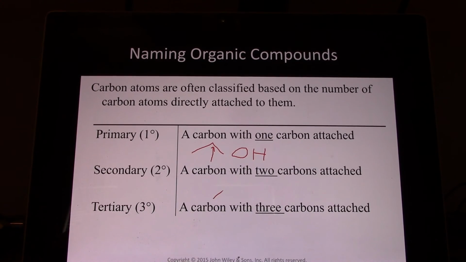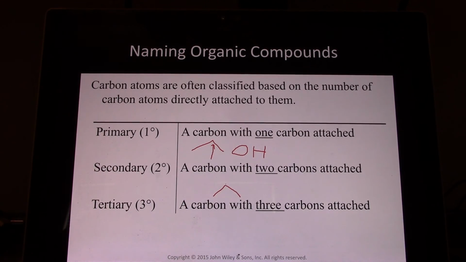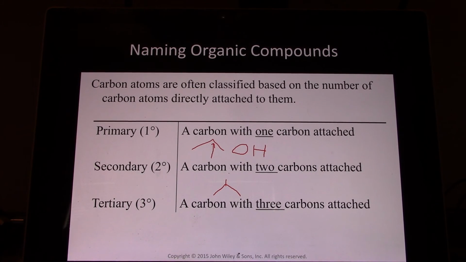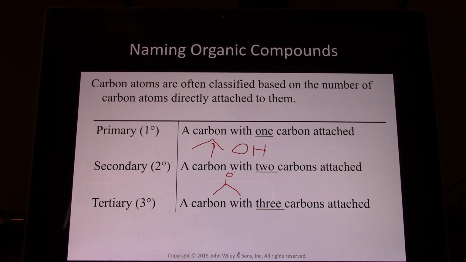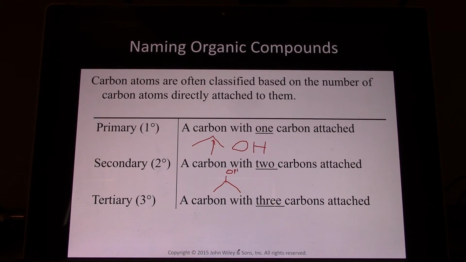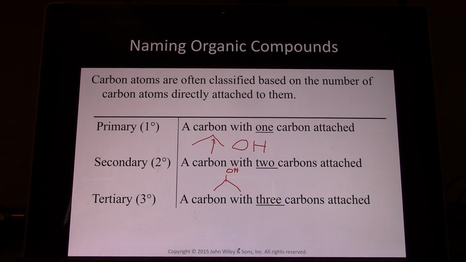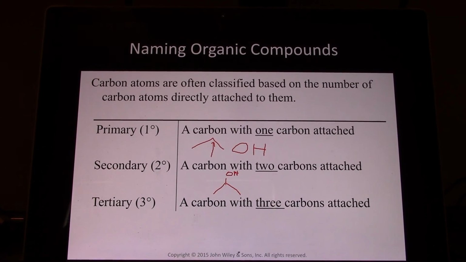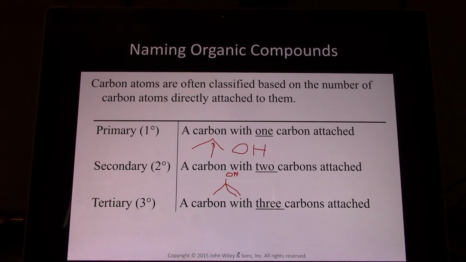Secondary would be like rubbing alcohol, isopropanol. This carbon is attached to 2 carbons. So this carbon has a carbon on one side, and it has a carbon on the other. Since it's attached to 2 other carbons, it's a secondary carbon.